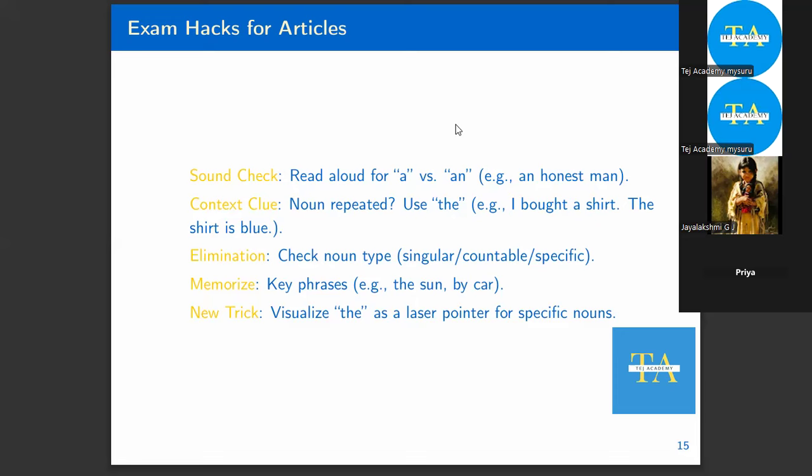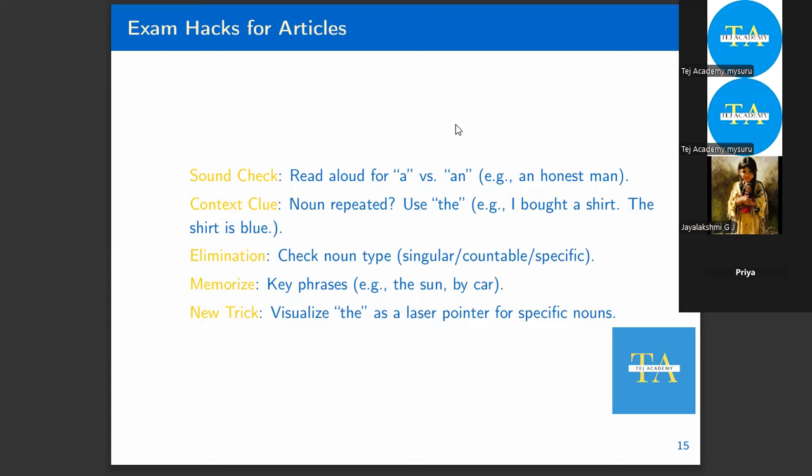Okay, so whenever there's something introduced first time, we use a or an with the noun. Like a princess was living in the kingdom, and she is the beautiful princess that people ever have seen. So first we used a princess, and then we can say that she is the beautiful princess.